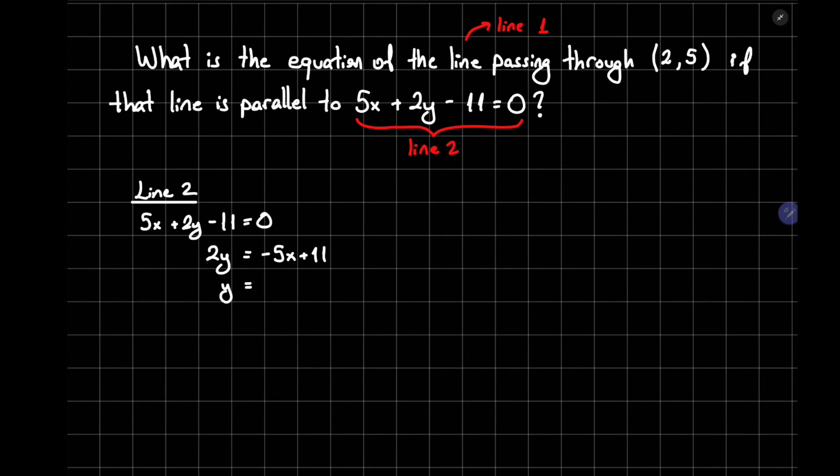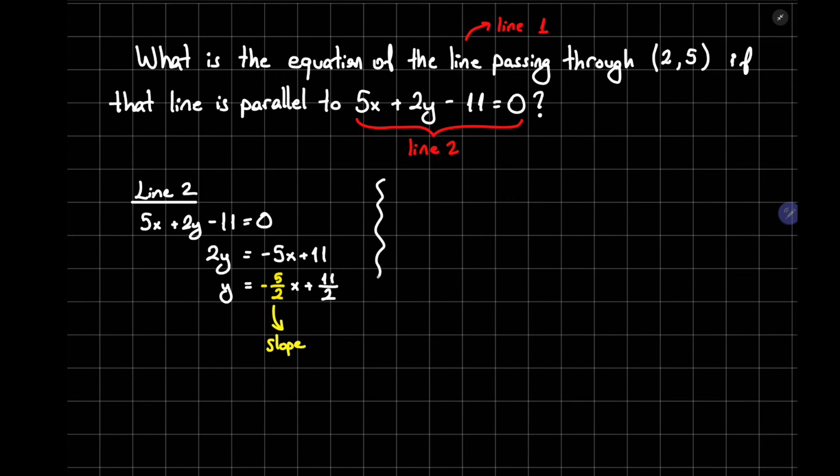Then I will get y = -5/2 x + 11/2. As you know, when y is alone on one side of the equation, the coefficient of x gives us the slope. So this value is the slope of the line, -5/2.